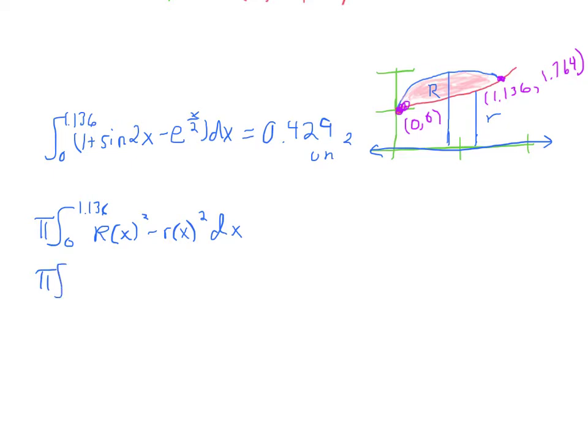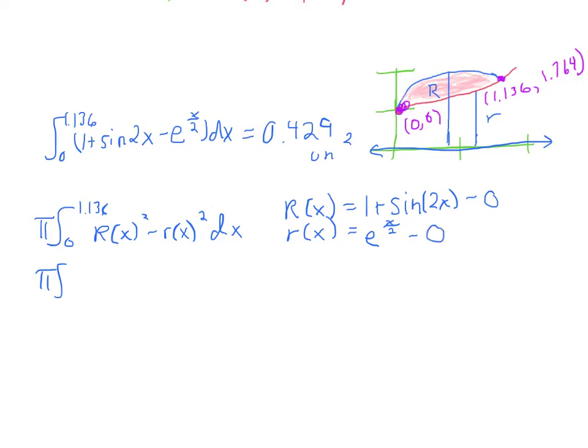So to find big R of x, we know that it is the distance between f of x and our axis of revolution. So that'll just be 1 plus sine of 2x minus 0. And then our small radius, little r of x, will be the distance between our g of x, e to the x over 2, and our axis of revolution, 0.